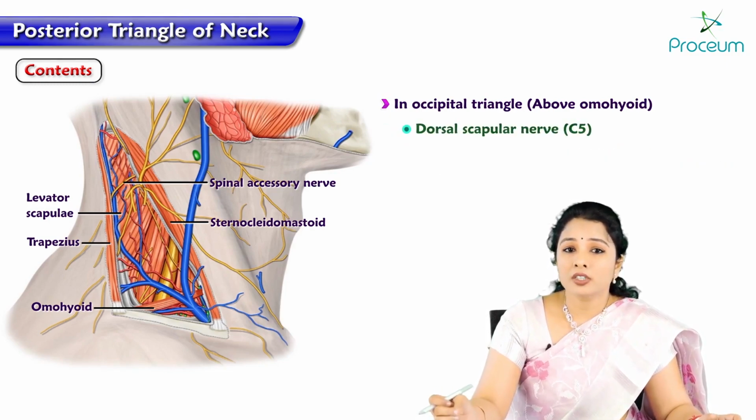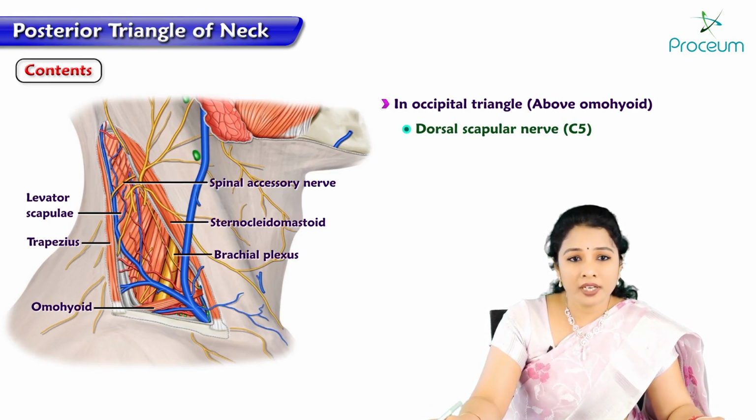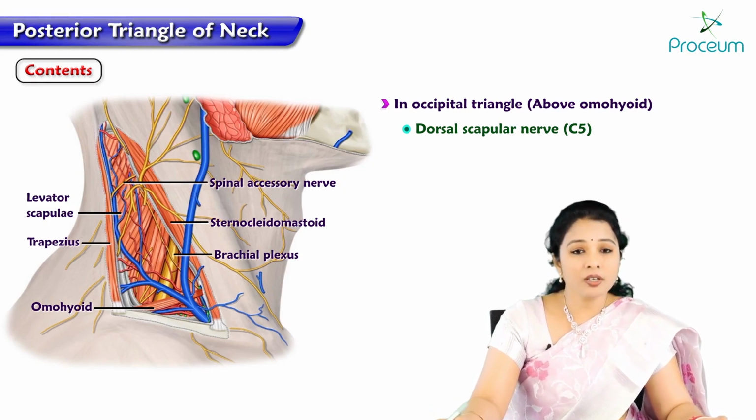The third nerve is the dorsal scapular nerve. The root value of the dorsal scapular nerve is C5, a branch of the brachial plexus, and it is well appreciated in the posterior triangle of the neck.